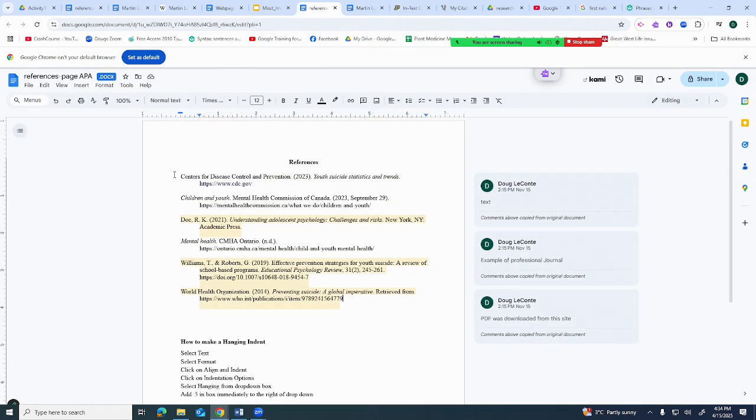So we have C, even though it's the title of the page, or the title of the website, and then the next one is C. And then we have Doe, John Doe. That's the person, but we keep it in alphabetical order, right? And then we have an M, and then W and W. So this all needs to be in alphabetical order. I forgot to mention that to you.